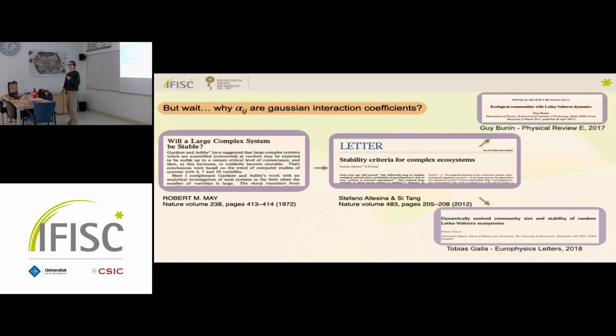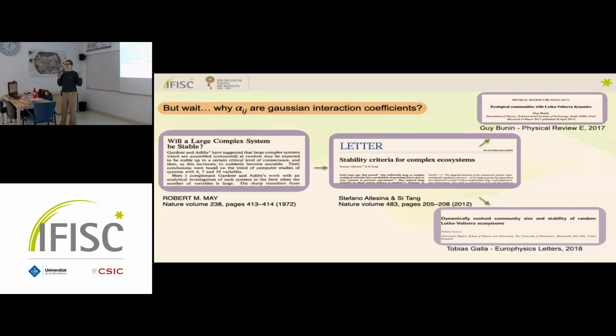So he analyzed the entire phase diagram of the system, and he discovered that as the interaction strength grows, some phase transitions appear in the model. What Tobias did instead was to better explain the role of stochasticity in the Lotka Volterra equations, and he also connected Lotka Volterra models to evolutionary game theory.